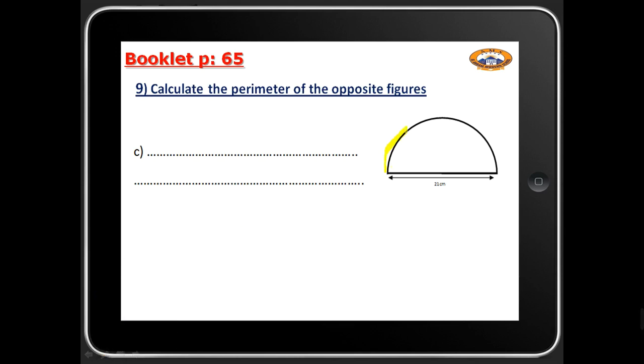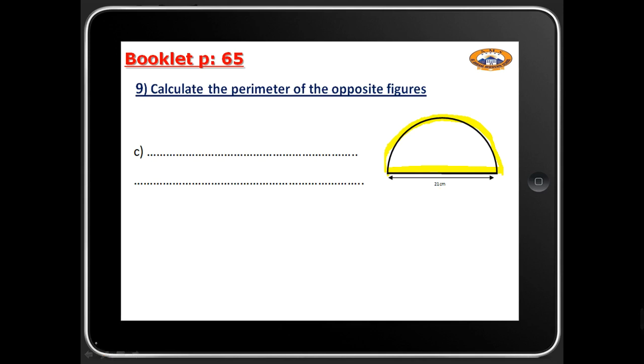Yes, this is the length of this curve, this is a half a circle. And don't forget, we also have a side here. We talk about the sum of the outline shape. This is the meaning of the perimeter. So I have a half of a circle, plus there is a side of the length 21 centimeter. And this side is also considered as the diameter of the circle. So please don't forget to add this side. This is a very important note, by the way.